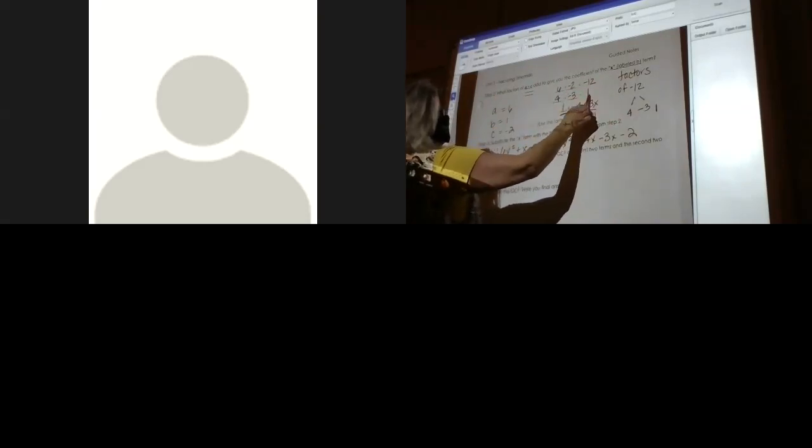So what did we do? We just broke apart, we substituted that middle term. That's all we did, is we tried to see what are the factors when we multiplied a and c. We got negative 12. What are the factors of 12 that will equal the 1x?